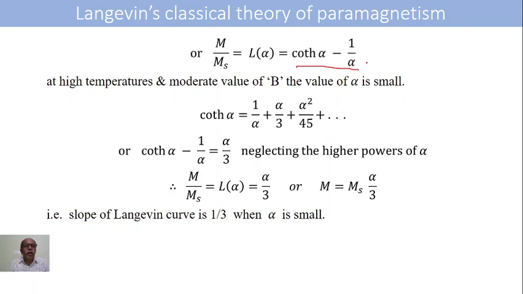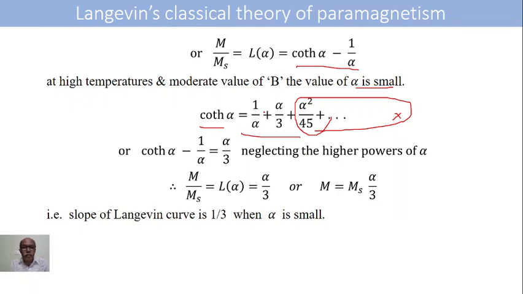Now, at higher temperatures and moderate values of B, the value of alpha will be very small. For small values of alpha, coth alpha becomes equal to this, a progressive expression, and we neglect the higher powers of alpha. We consider only these two terms.